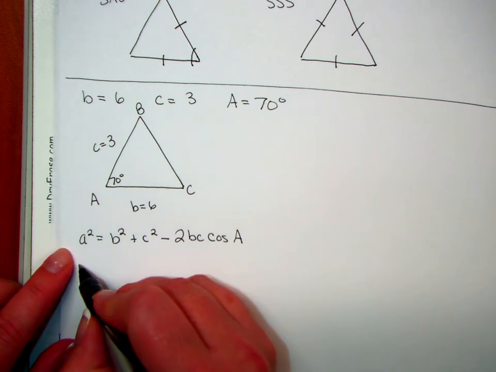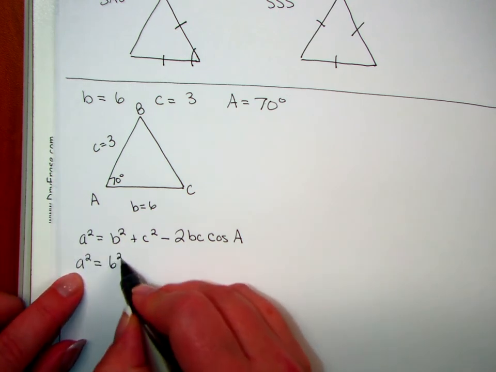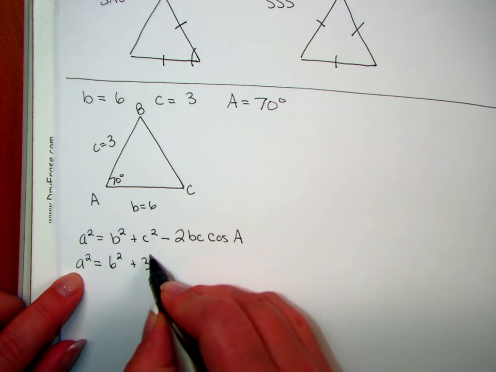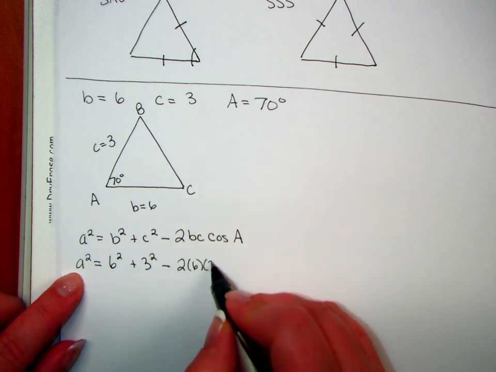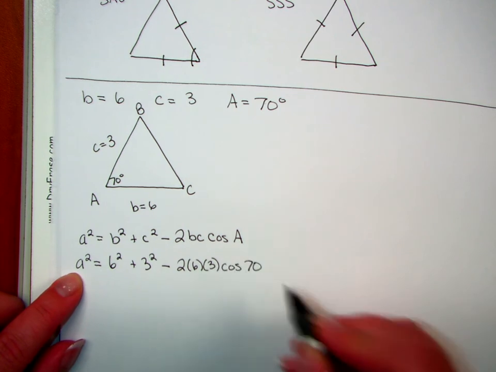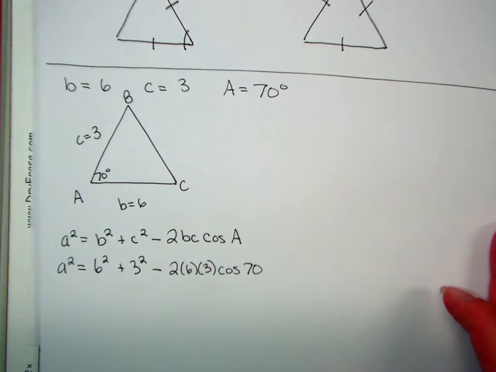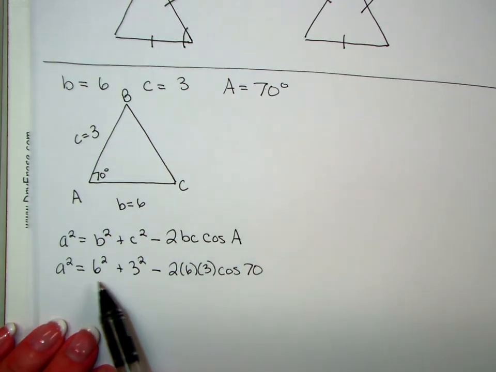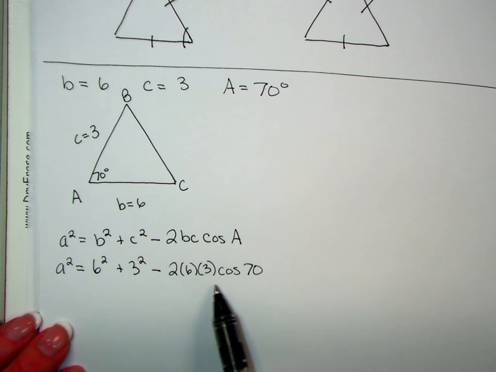I'm going to plug the numbers in: b squared plus c squared minus 2 times b times c times cosine of 70. Here, it's very tempting to do 36 plus 9 minus 36, but we need to multiply all of this together before we start subtracting.